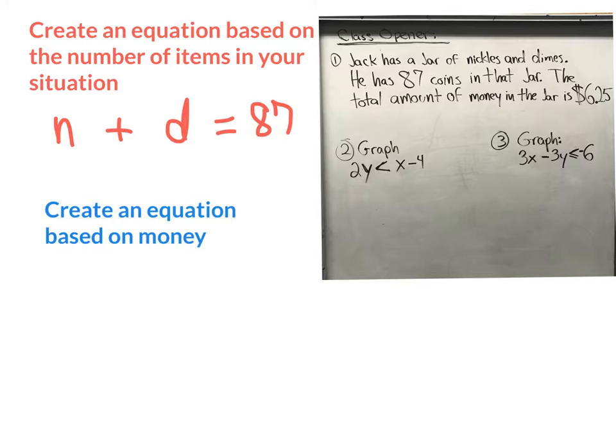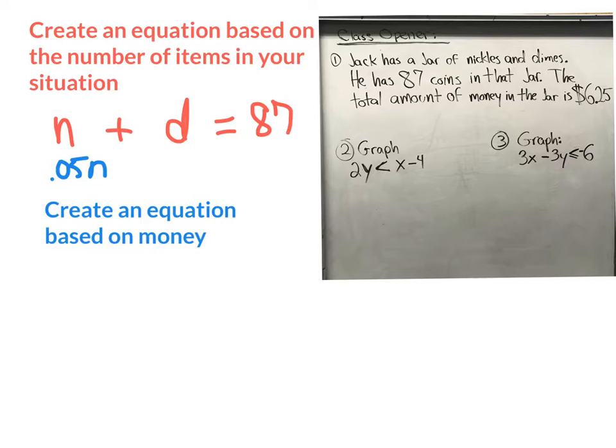Since it's 5 cents each nickel, I need to put that numeric representation of 0.05 for each nickel. Because if N is 3, then you'd have 15 cents because 5 cents times 3 is 15 cents. Or if you had 10 nickels, that would be 50 cents because 0.05 times 10 is 0.50.